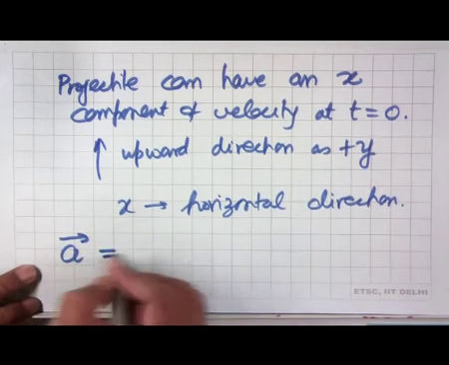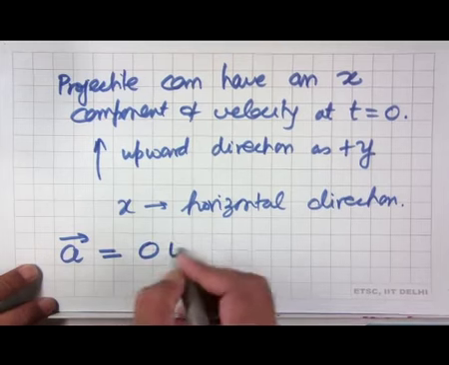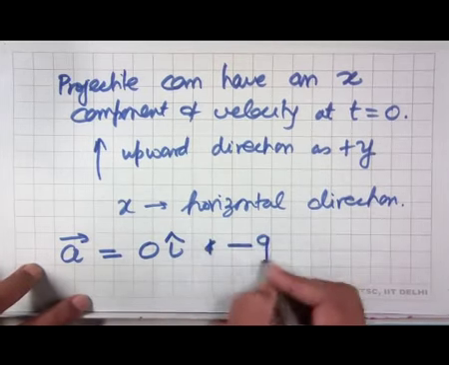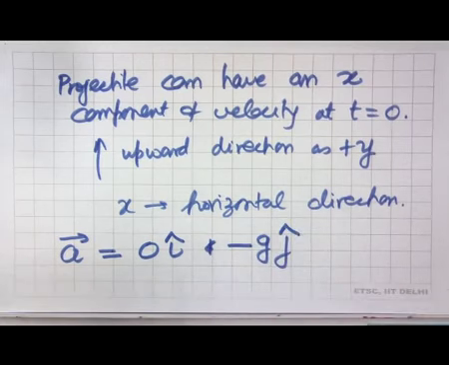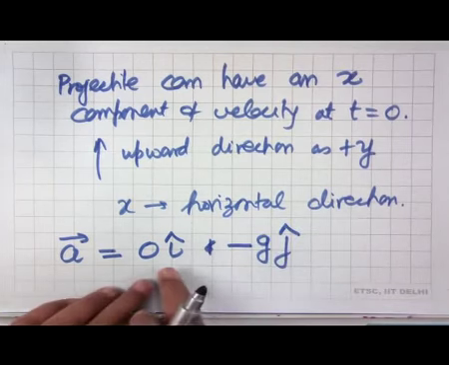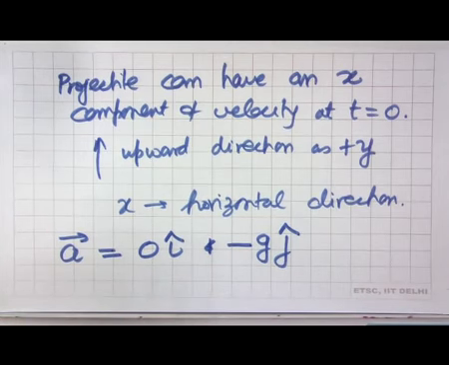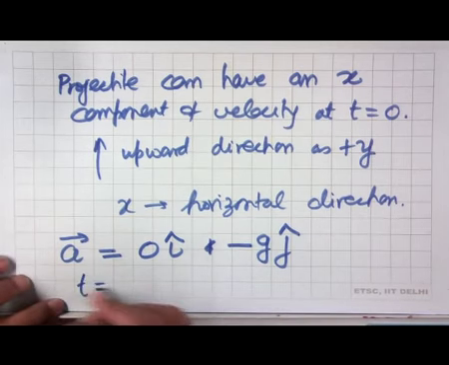The acceleration vector will be equal to 0 i minus g j. That means there is no acceleration in the x direction. In the y direction, the acceleration is equal to minus g.